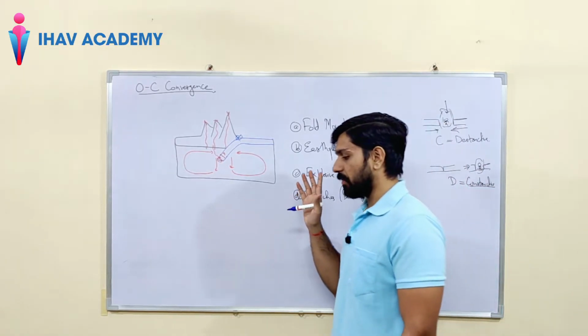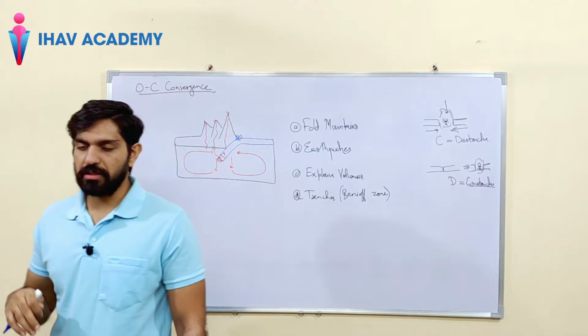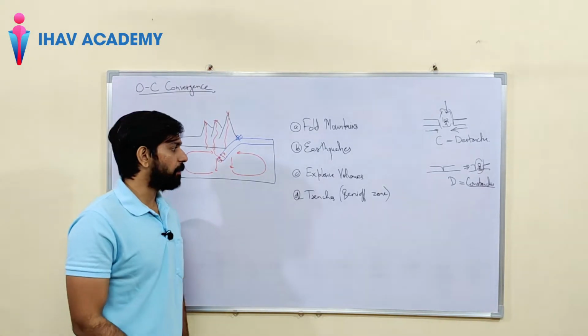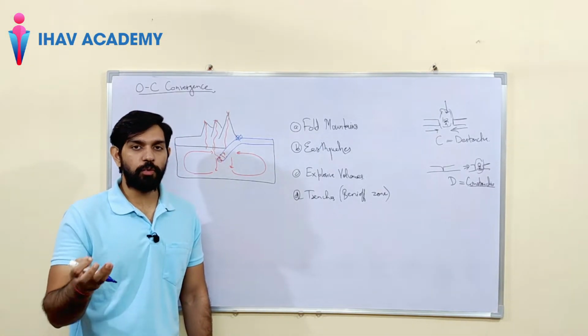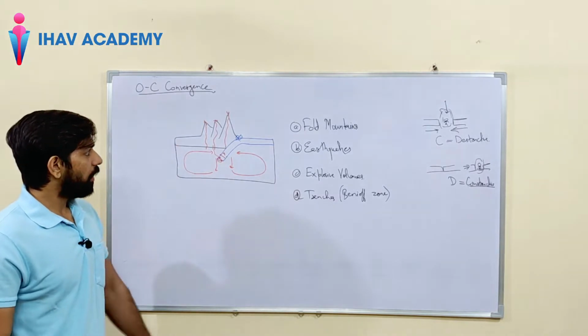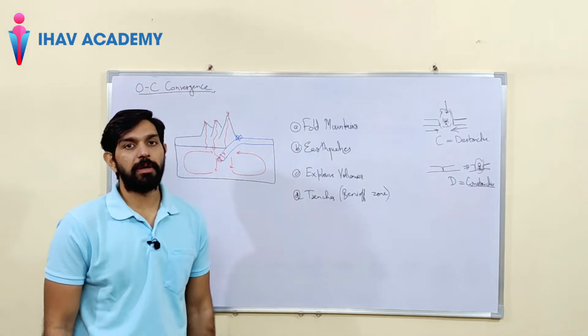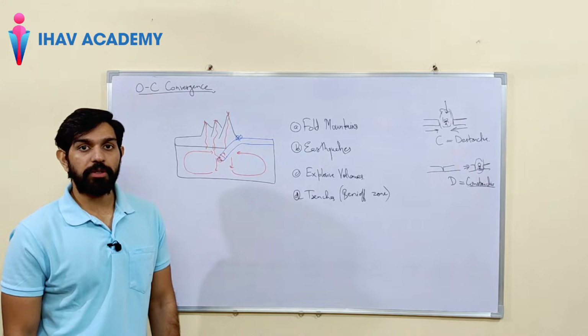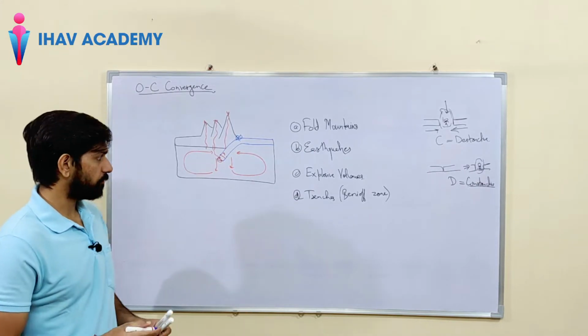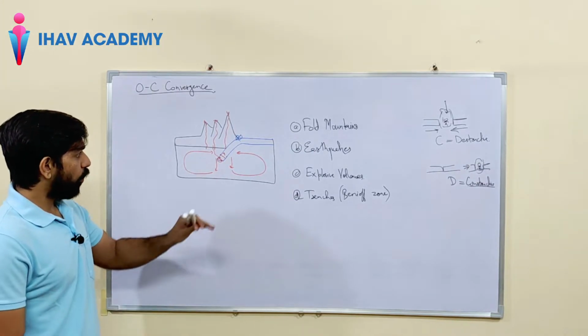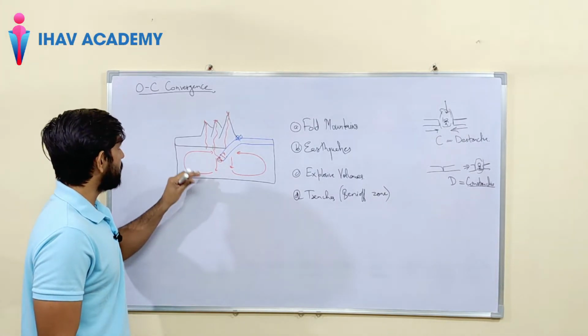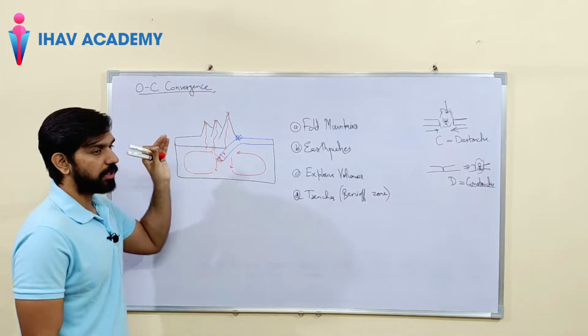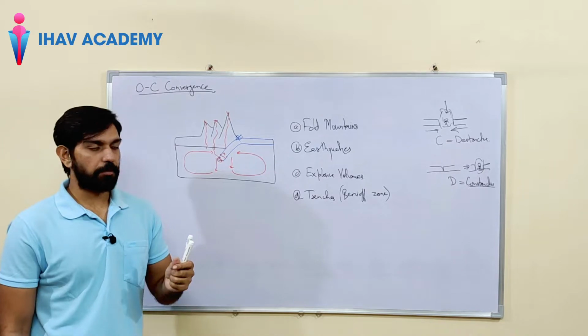As there is a movement of two large plates, such huge plates, incomparable to the size of human beings, earthquakes will be created. Earthquake क्या होता है? We have studied in previous classes. So all these things will happen in the convergent plate boundary of ocean continental plates.